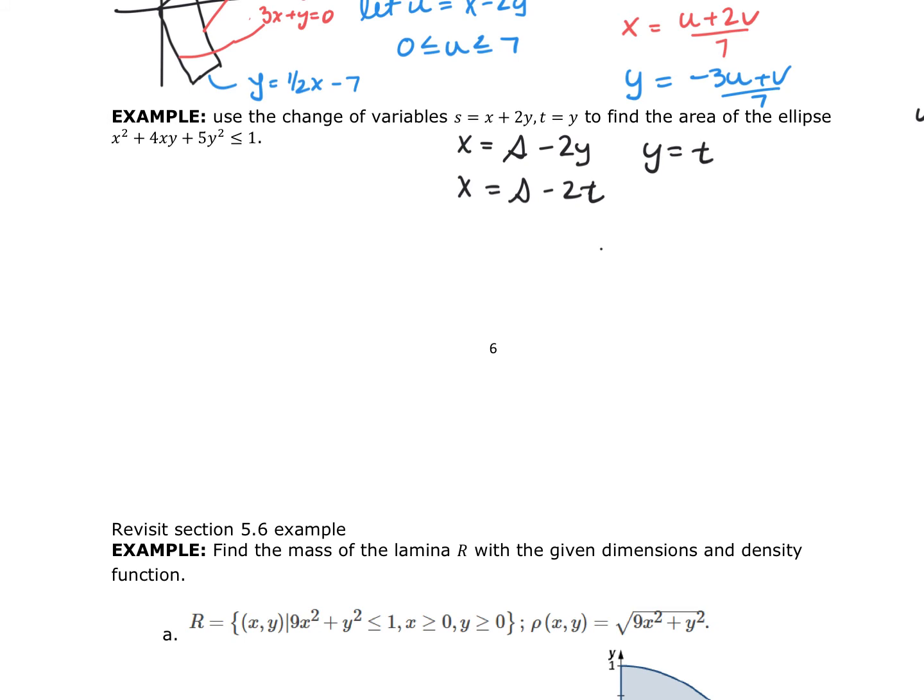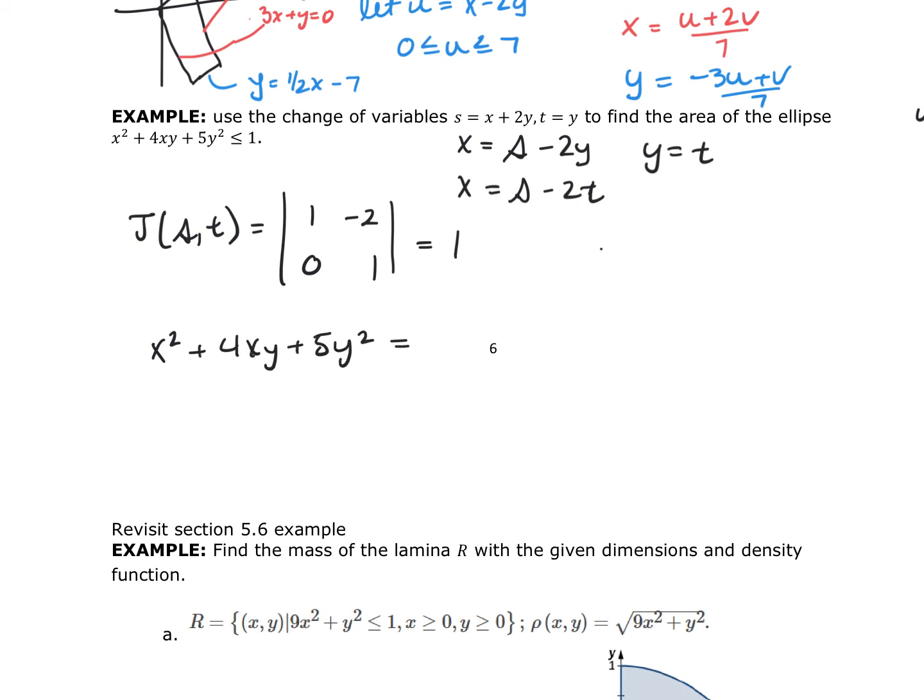All right, so let's do my Jacobian. My Jacobian of s comma t is going to be 1, negative 2, 0, 1, which ends up becoming 1. Now I need to convert x squared plus 4xy plus 5y squared into its appropriate s's and t's.